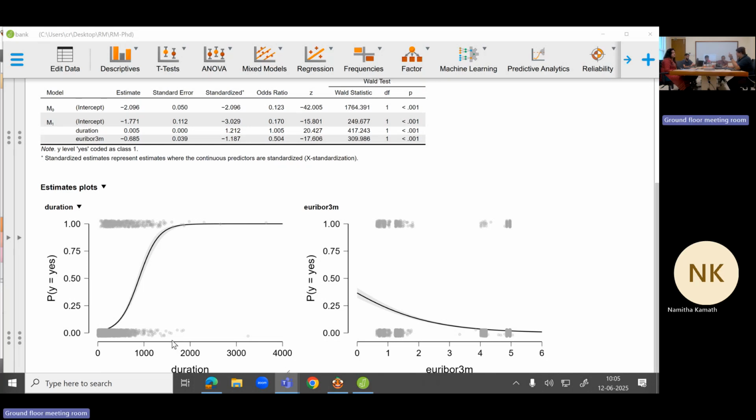So we are suggesting here, how many seconds? 853. Yeah, 853 seconds. Beyond 853 seconds, only if they are persuaded to take up term deposit, there is a likely chance they opt for that. So that is the explanation which we are giving using the duration. Okay.